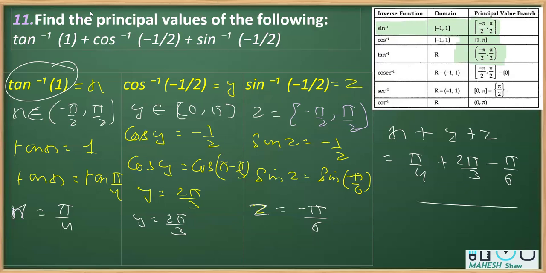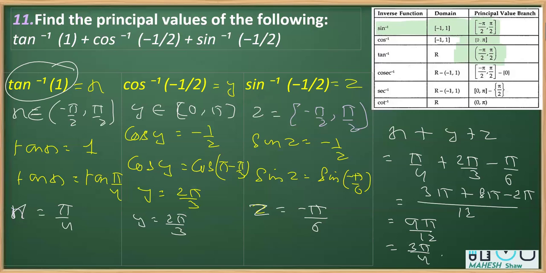The LCM for this is 12. 4, 3 times is 12, so this is 3 pi. 3, 4 times is 12, and 4 into 2 is 8, so this is 8 pi. 6, 2 times is 12, and 2 into pi is 2 pi. So 3 plus 8 minus 2 is 9 pi, which is 9 pi by 12, which can be reduced to 3 pi by 4.